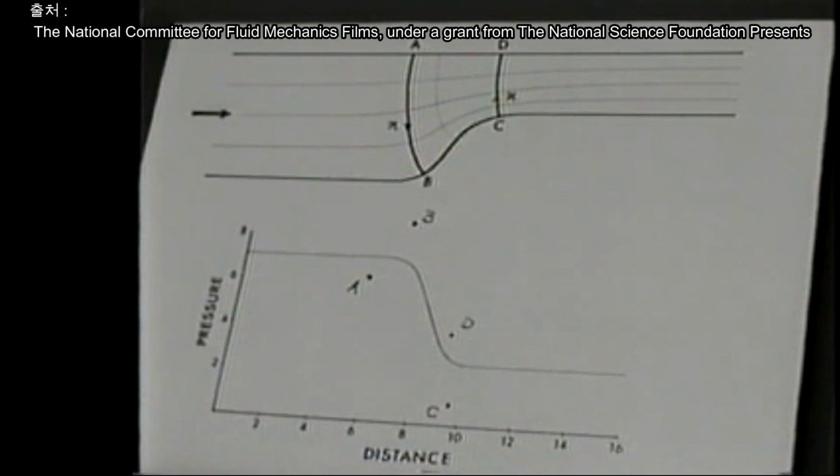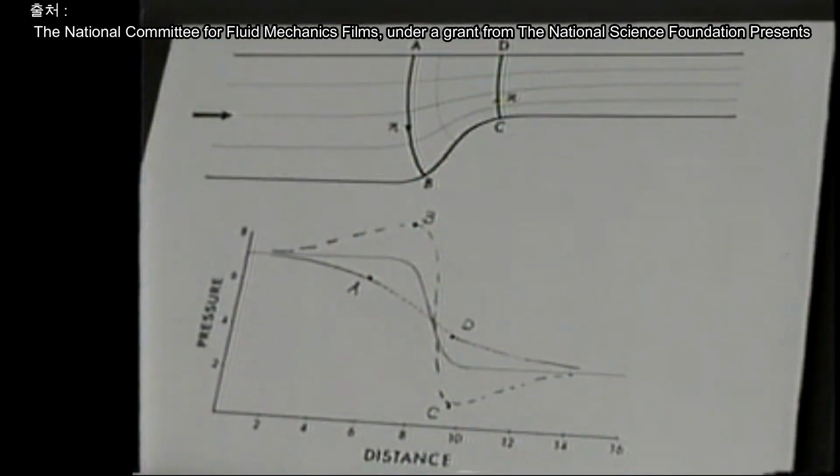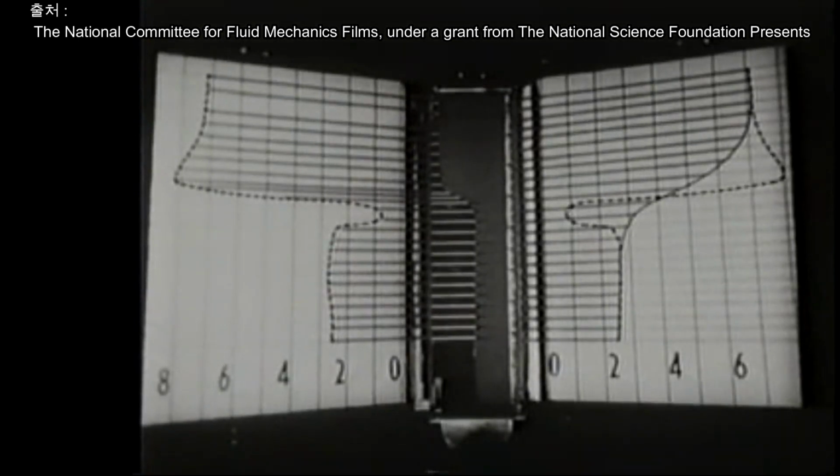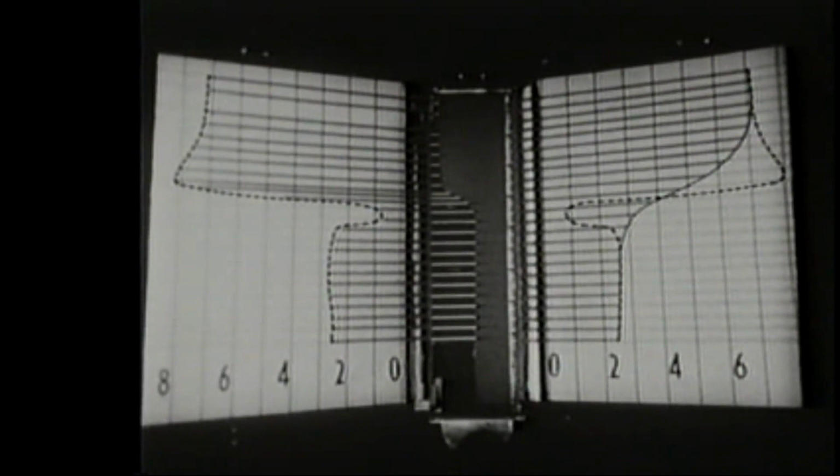So the pressure on the curved wall rises to a maximum at B and then falls to a minimum at C. While on the straight wall, it falls continuously from A to D. According to Bernoulli's integral, which in this case has the same value for all streamlines, the velocity is a minimum where the pressure is highest, and it is a maximum where the pressure is least.